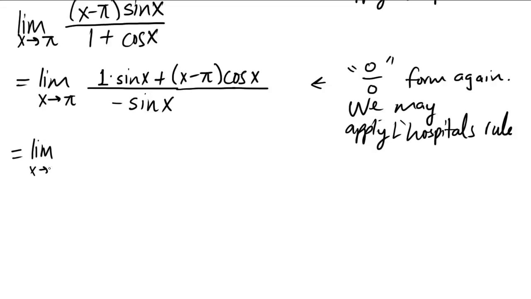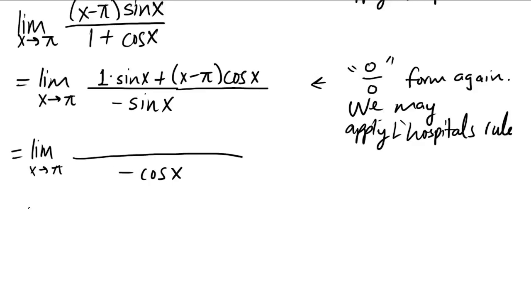And the nice thing is, when I do the L'Hopital's rule now, the derivative of minus sine x is minus cos x, right? And although if I put x equals pi in the top, I get 0, that means that you can't do the limit that way. But here, when I put x equals pi in, I get a non-zero number, right? So cos of pi is negative 1.